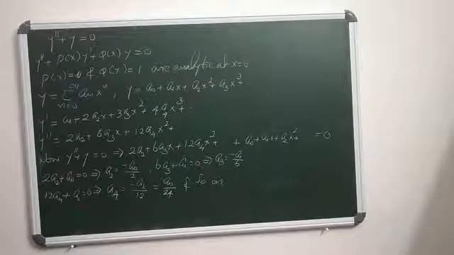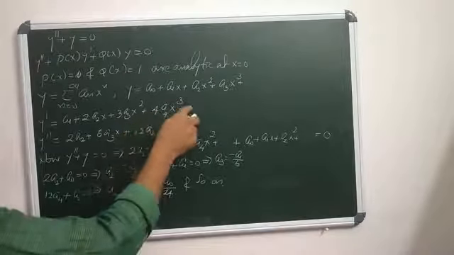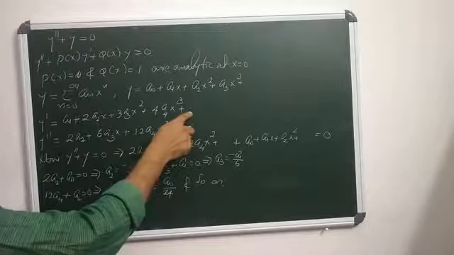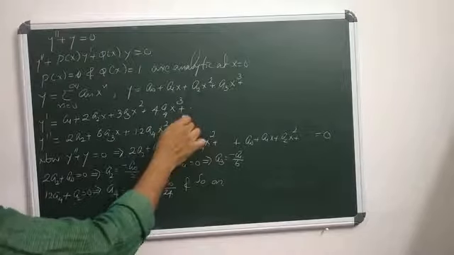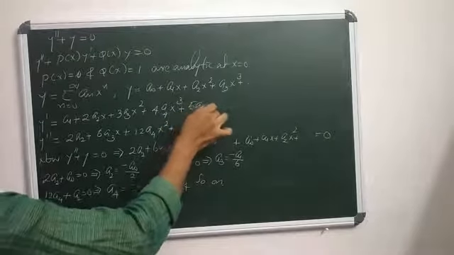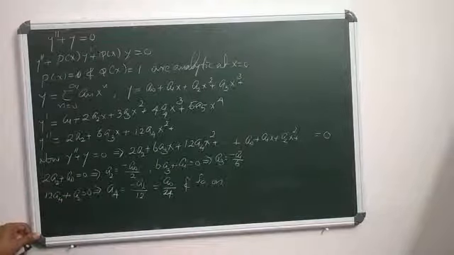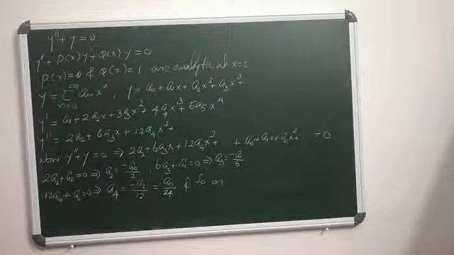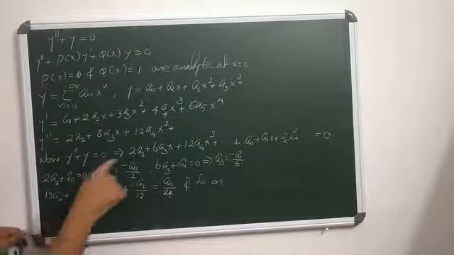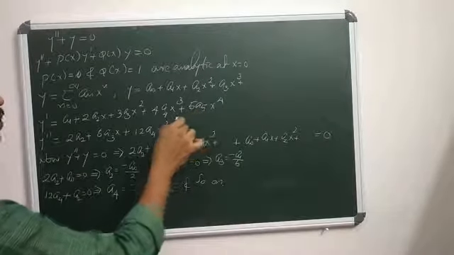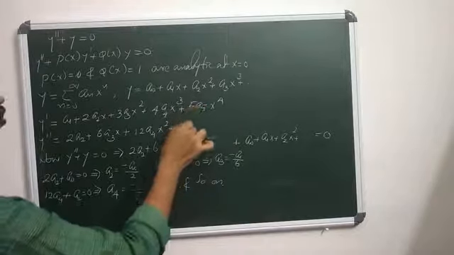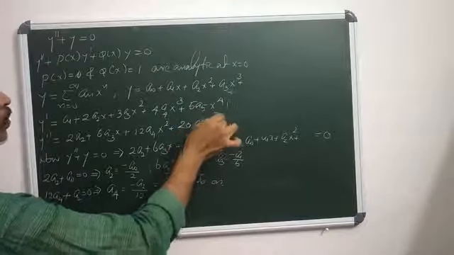If you compare the coefficient of x cube, what is the next one? The next term is 5a5 x power 4 in y dash, with a3x cube, a4 x power 4 and a5 x power 5, and in y double dash the term is 20a5 x cube.